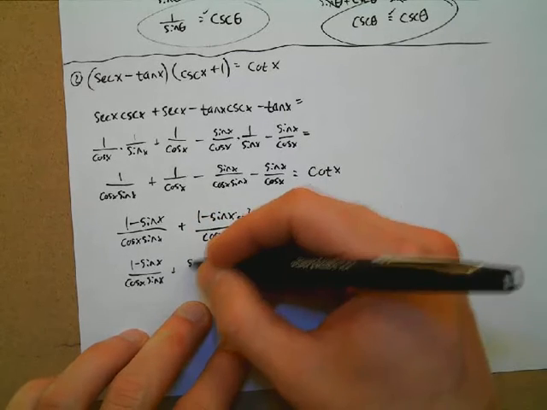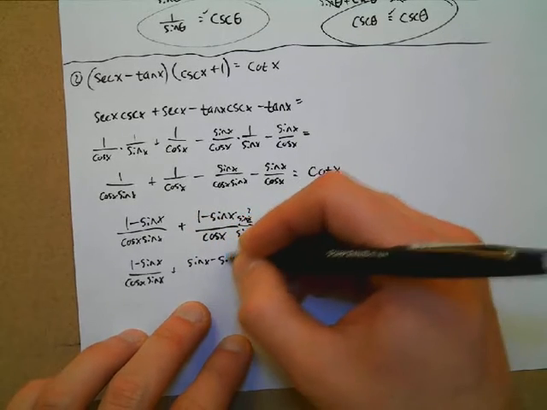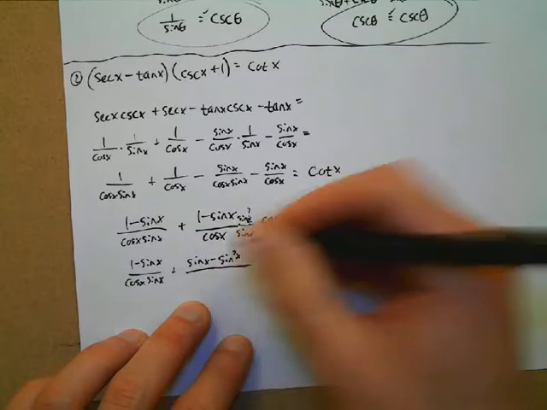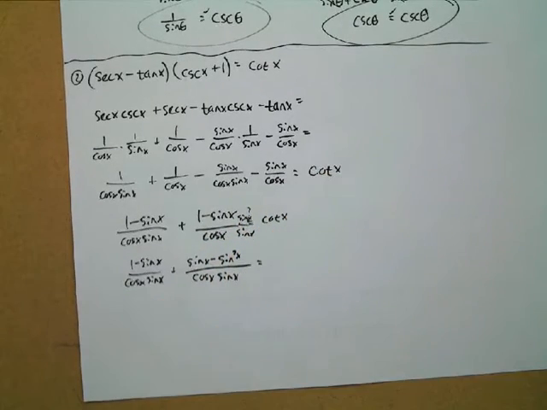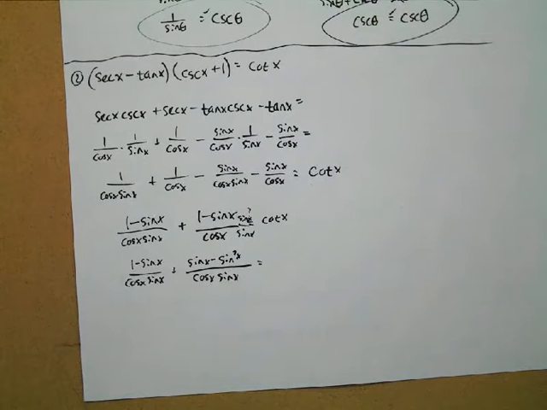What's going to happen with our numerators here? What are we going to end up with? 1 minus sine squared x. Yeah, the minus sine x plus this positive sine x are going to cancel. I'll have 1 minus the sine squared of x over cosine x sine x. Okay.